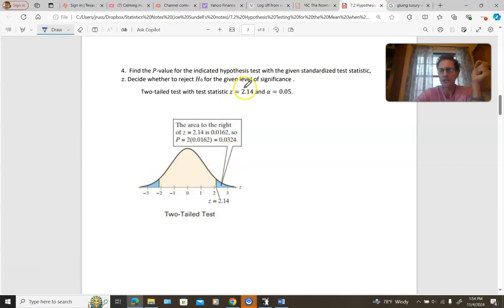Now look, our test statistic comes up positive, and when you're performing a two-tailed test, your test statistic can just as likely come up positive as negative. Because essentially what you're testing here is, your null hypothesis is that the mean is just not equal to some value. You're not saying that it's greater than or equal to some value.